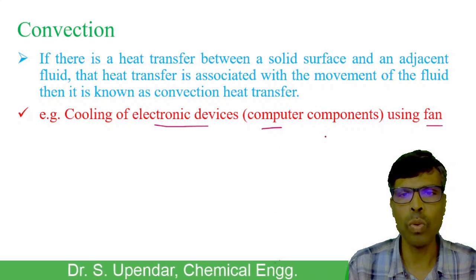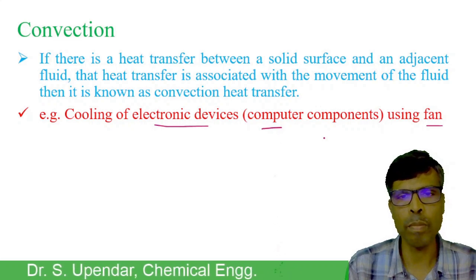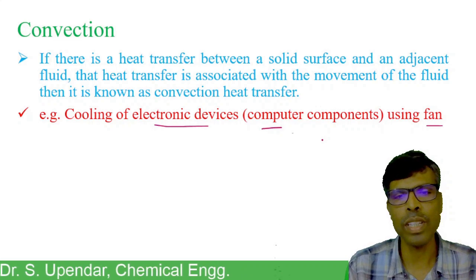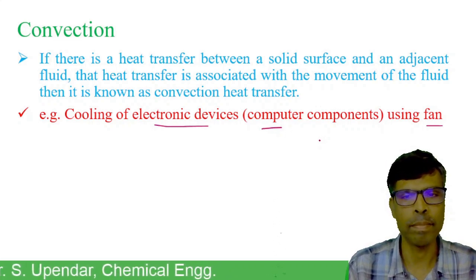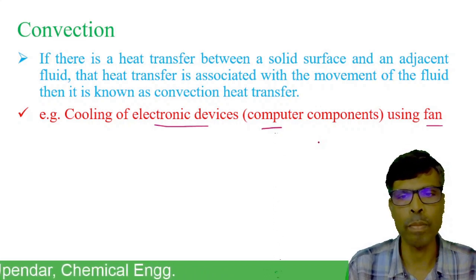In this cooling mechanism, heat loss occurs from the electronic components to flowing air due to the temperature difference between them, which leads to a decrease in the temperature of electronic components.